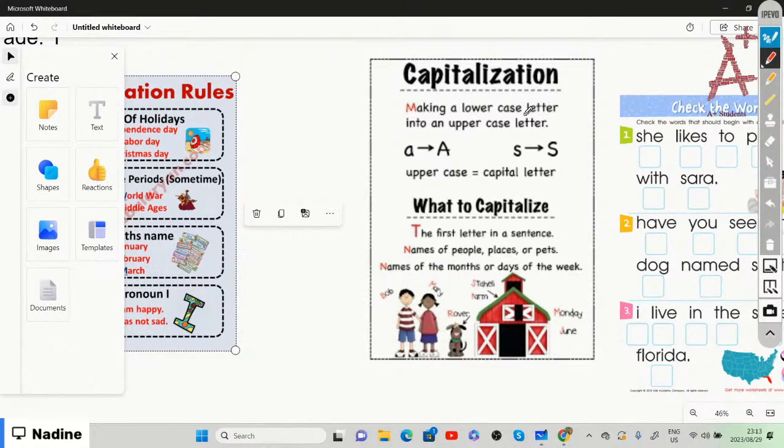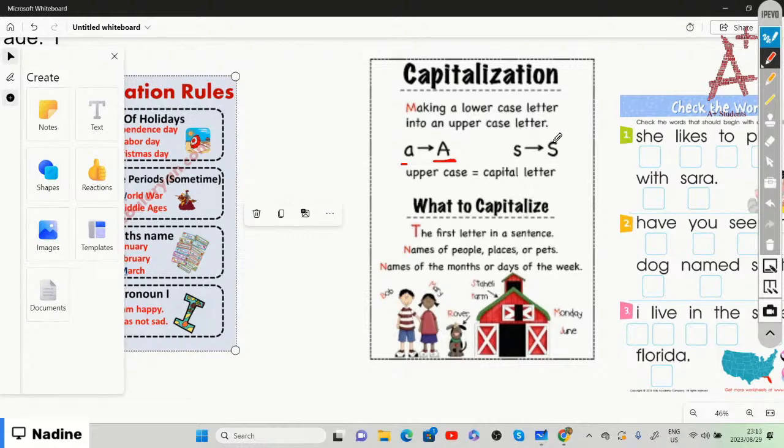For example, A. You cannot write the first letter of your name, Amy for example, with a small a. You need to write it with a capital letter A, not a lowercase.